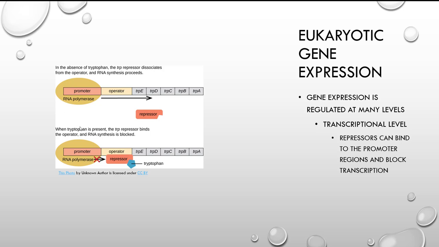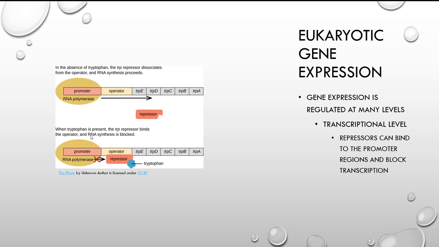Okay, so another example, instead of the lactose example, we have something called tryptophan. So when tryptophan is present, it will basically cause the repressor to bind to the operator, and that will prevent the RNA polymerase from transcribing the gene sequence.